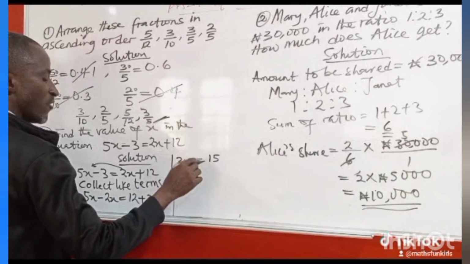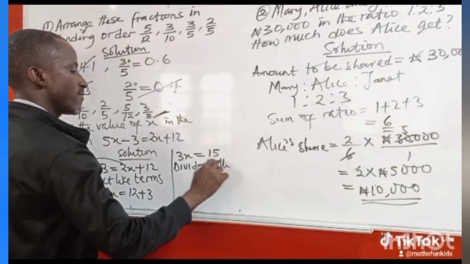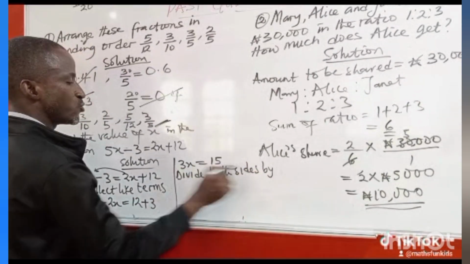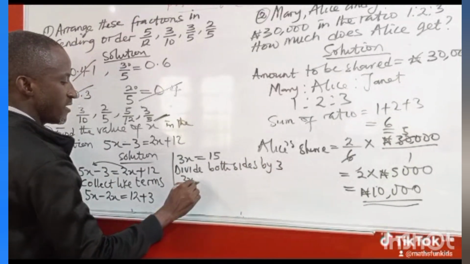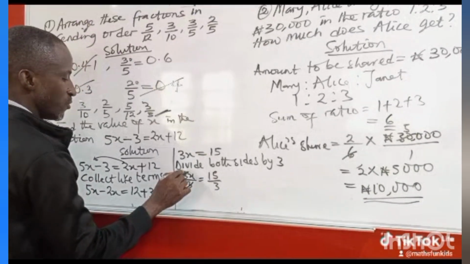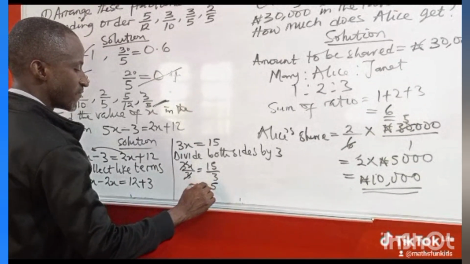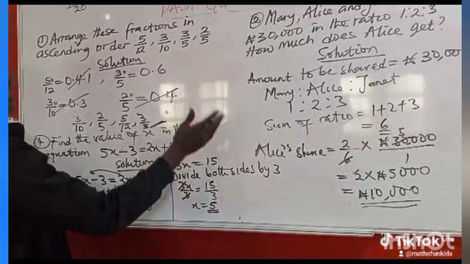From here, to find the value of x, we divide both sides by the coefficient of x, which is 3. So we have 3x over 3 equals 15 over 3. 3 divided by 3, we are left with what? x equals 5.